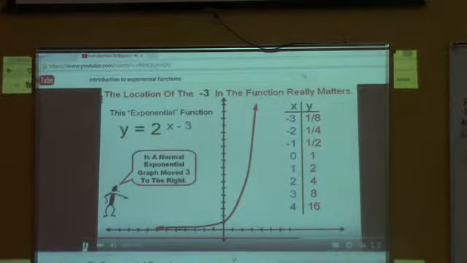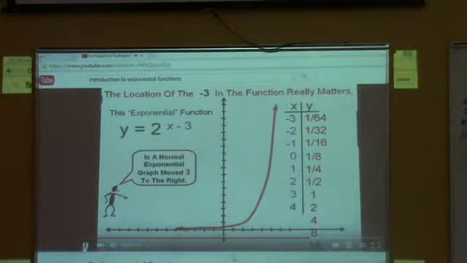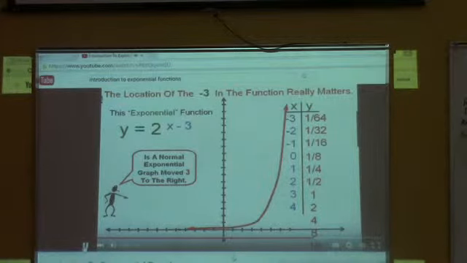So I take y equals 2 to the x, and I'm going to move these values down 3, actually, and put in some much smaller values. And the graph will still move over, but it'll still have an asymptote, okay?